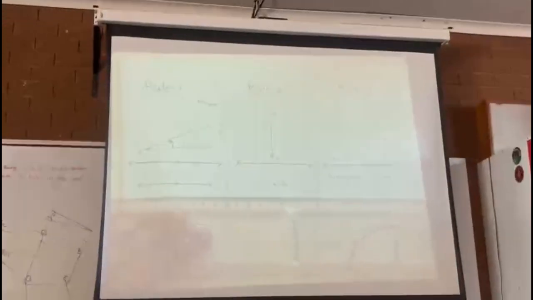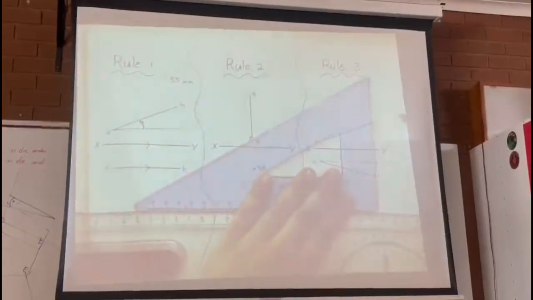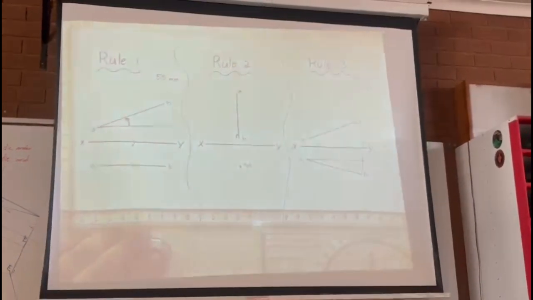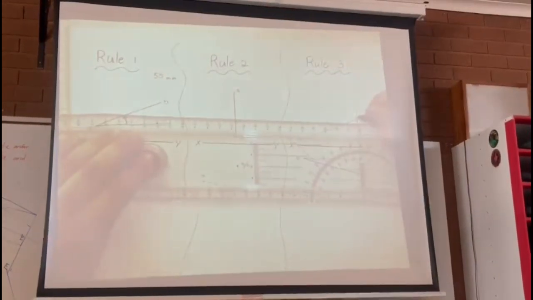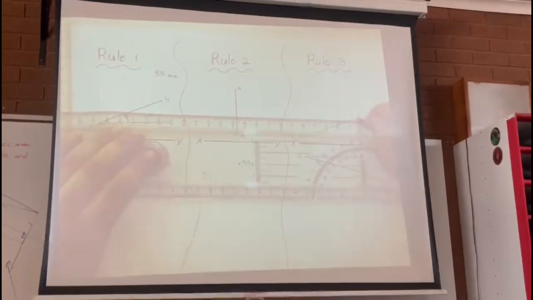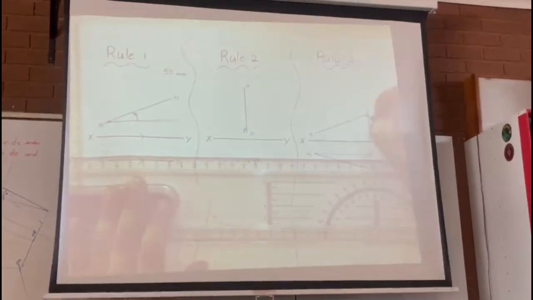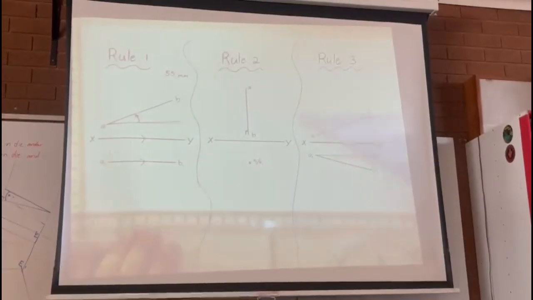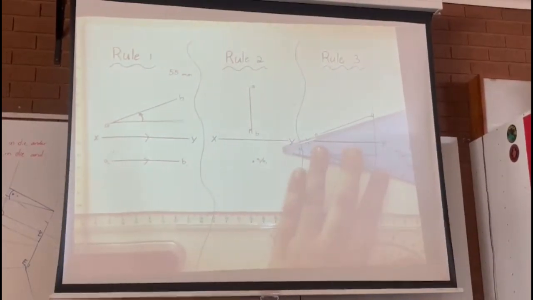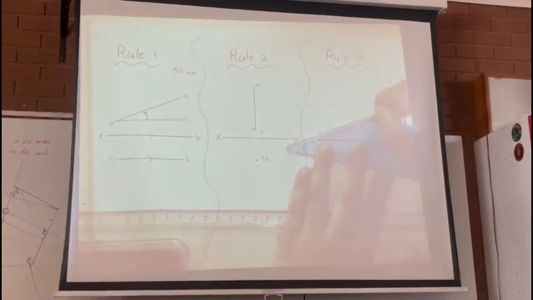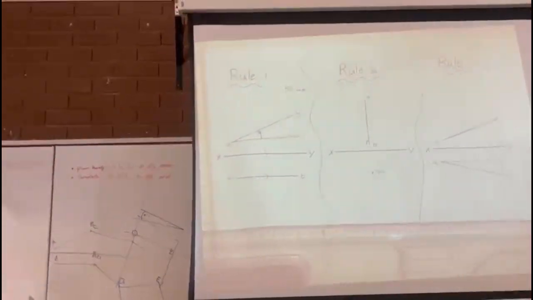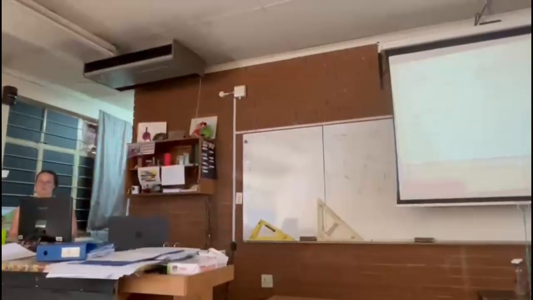From there, I will project this line upwards until it is the same height as the original point B on the front view. So it would be right over there. Then I draw a new line from point A to point B. And that line will then be used as my true length and true inclination.